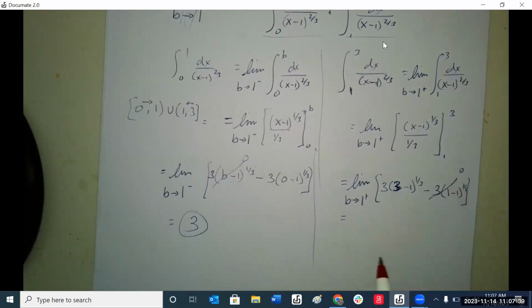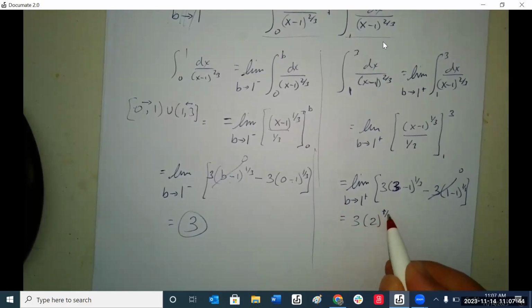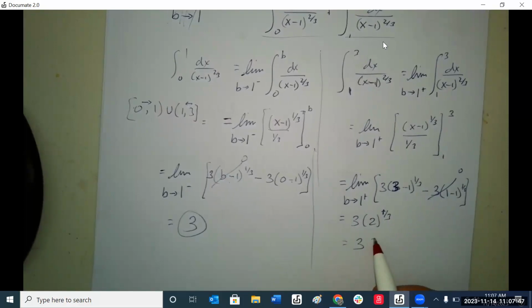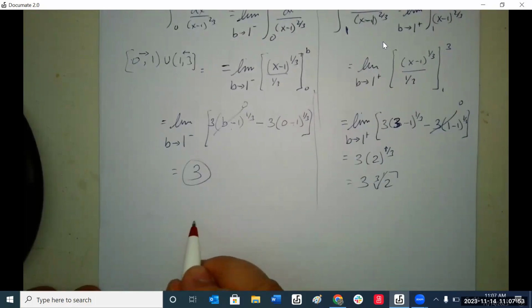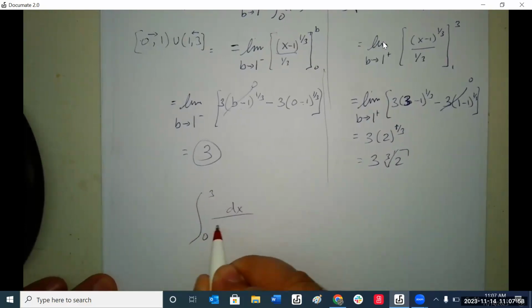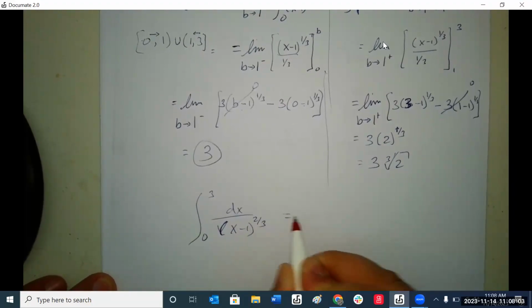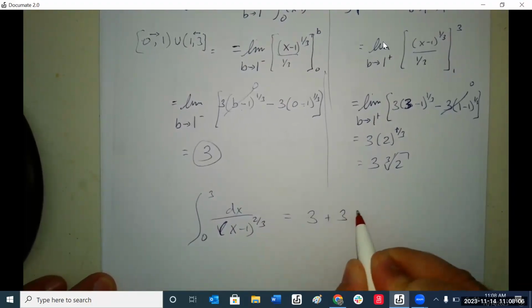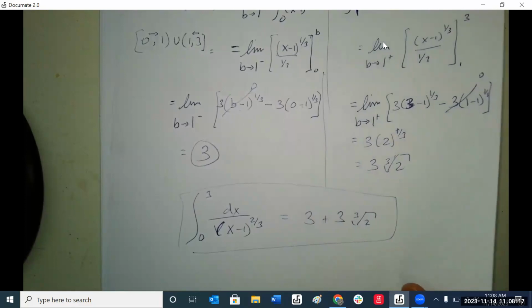One minus 1 goes to 0. 3 times 2 to the 1/3, 3 cube root of 2. So our solution then becomes 3 plus 3 cube root of 2. That was a pretty interesting one.